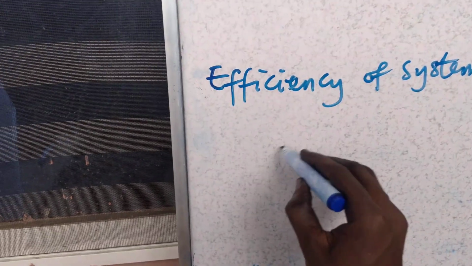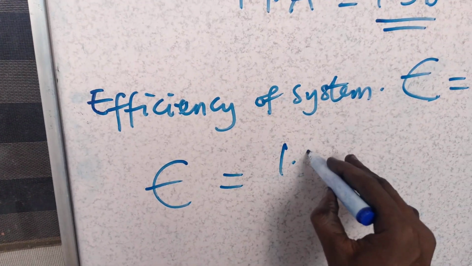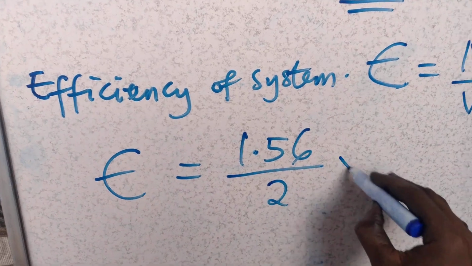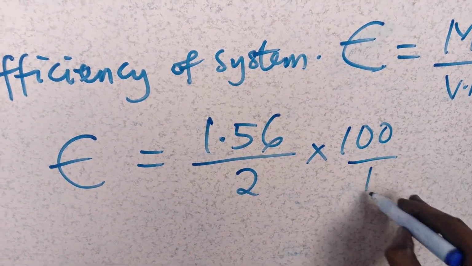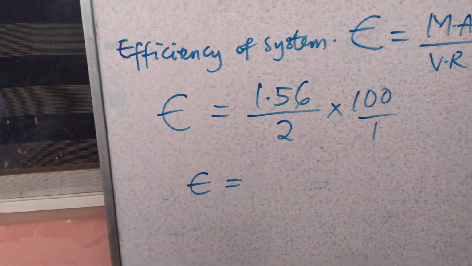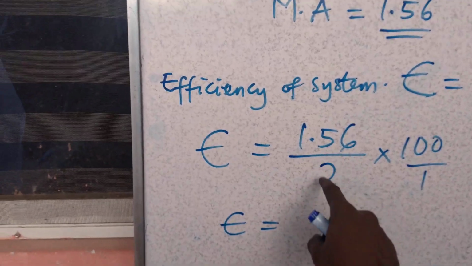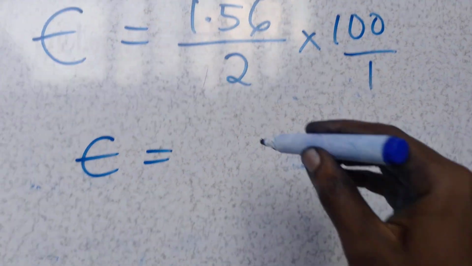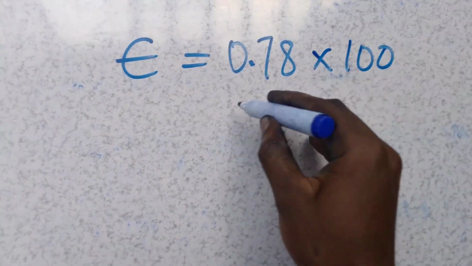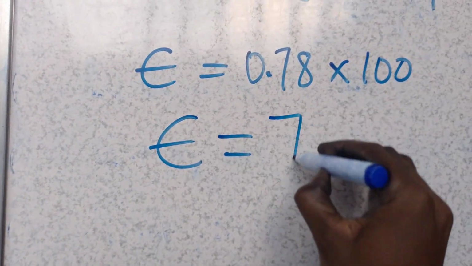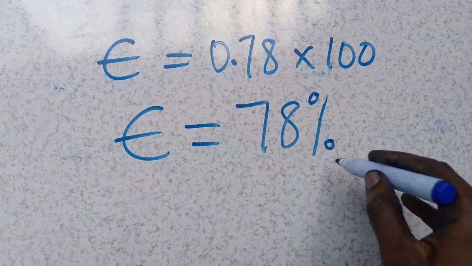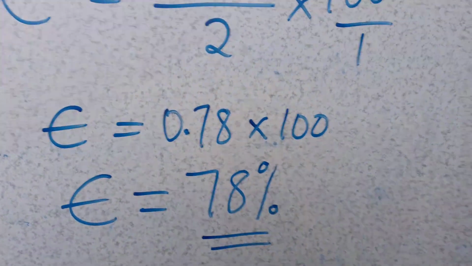So my efficiency will be equal to the mechanical advantage, 1.56, over the velocity ratio, 2, multiplied by 100. 1.56 divided by 2 gives me 0.78, times 100. So my efficiency is equal to 78%.